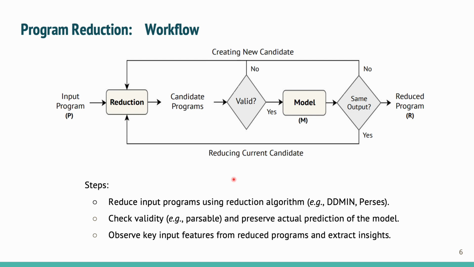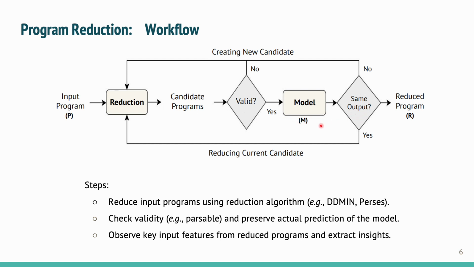This is the high-level overview of the program reduction workflow for improving the interpretability of the model's prediction. This approach adopts a program reduction technique to remove a portion of the code snippet from the input program and creates a candidate reduced program. The approach then checks if the reduced program is valid based on the target task and programming language.